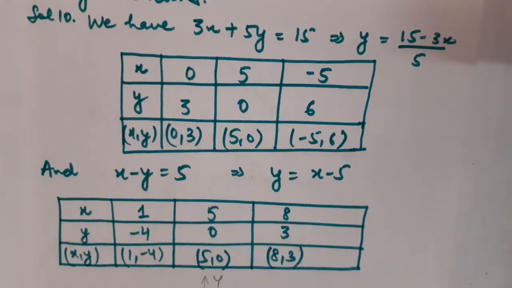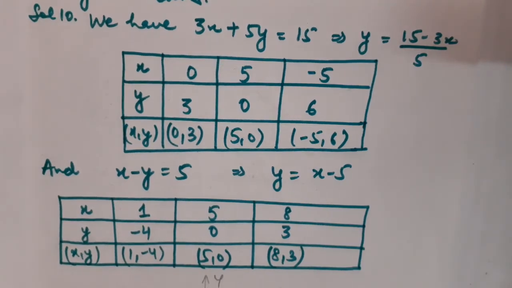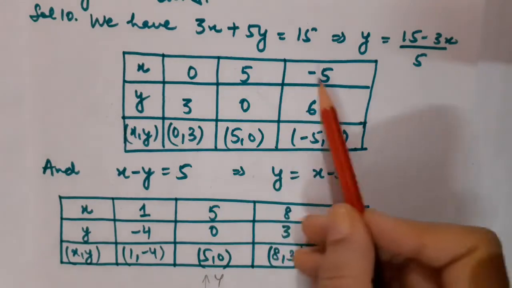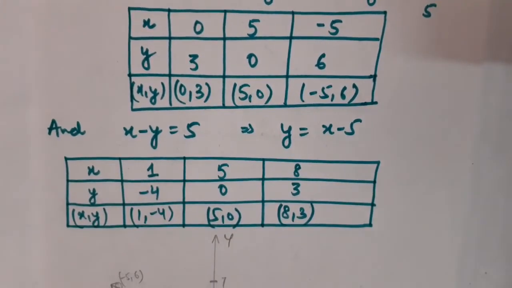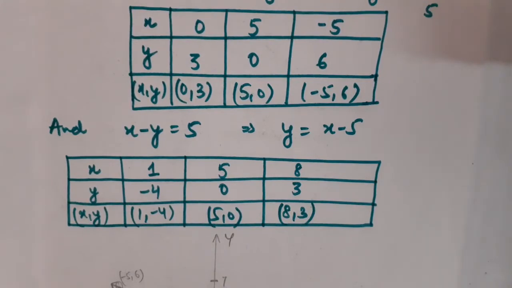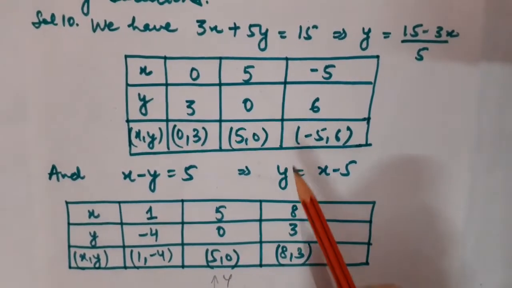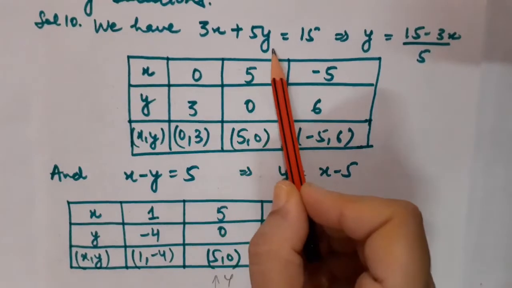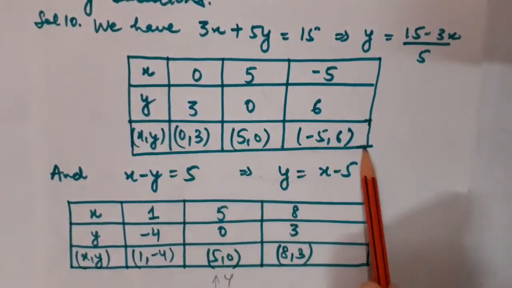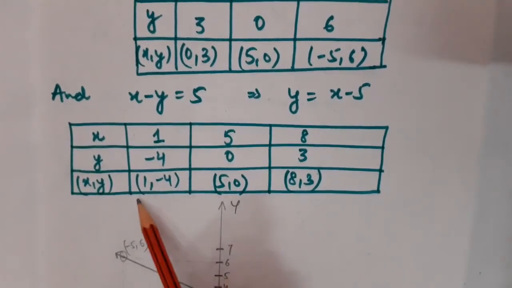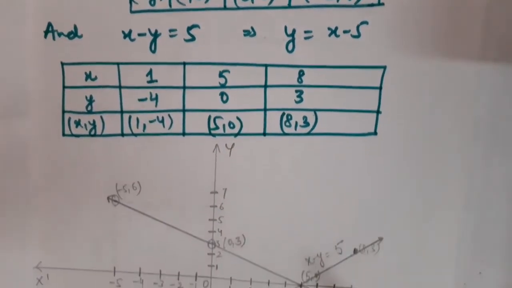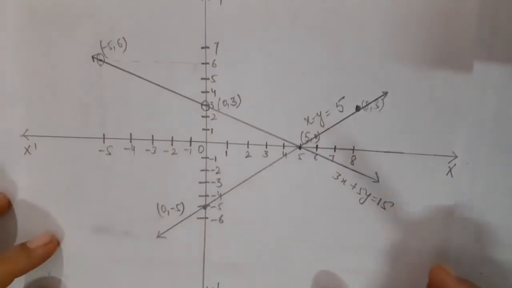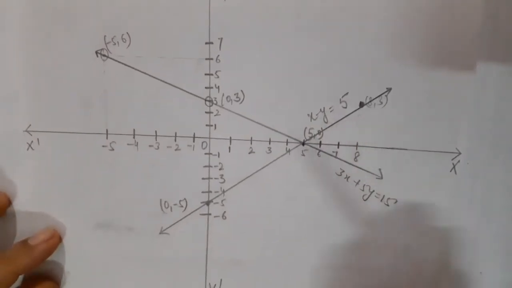Children, as you know that we have to go for the graphical representation. So here are the coordinates. Please check whether you have also made the same coordinates or not. These are the coordinates of equation 3x plus 5y is equal to 15. And these are the coordinates of equation x minus y is equal to 5. After that, children, you may have plotted these coordinates on the Cartesian plane.